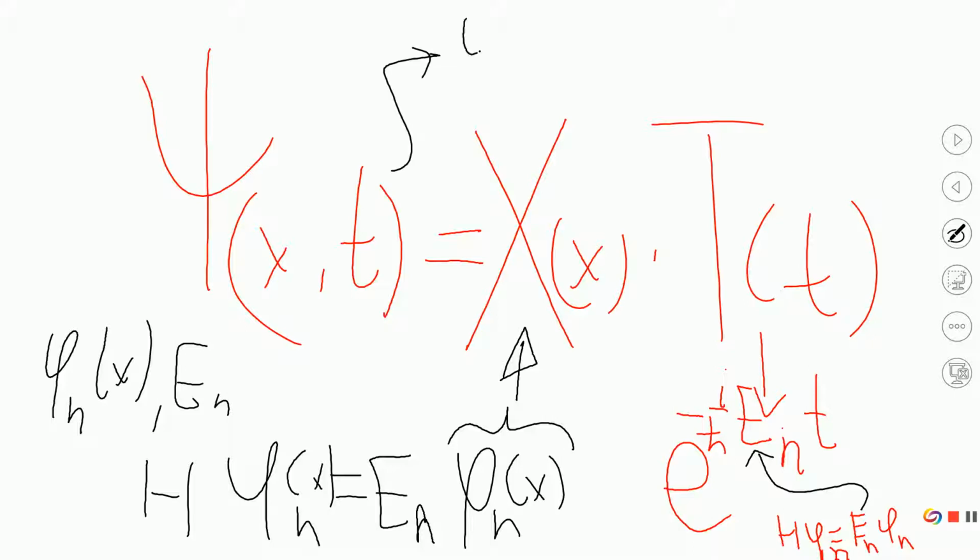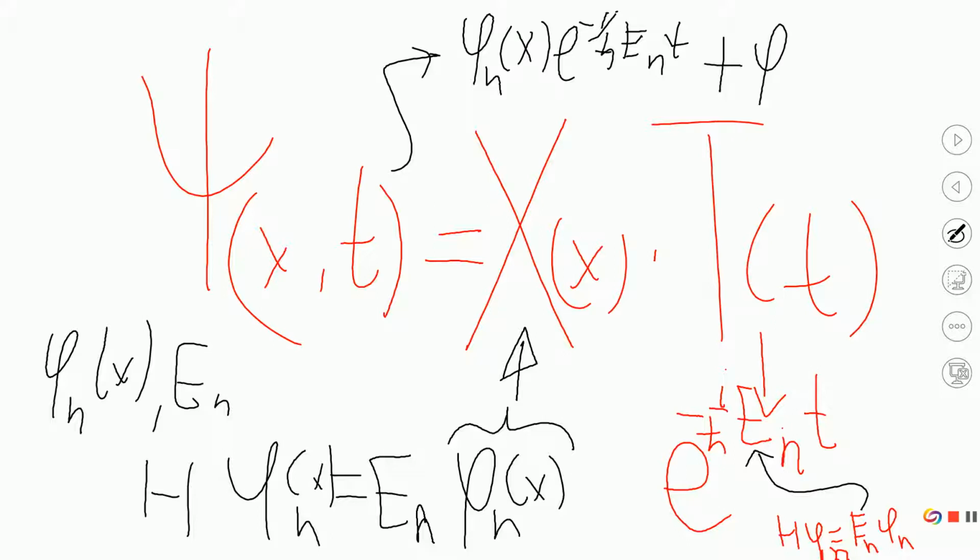So phi m of x times e to the power minus i E_m t over h-bar, plus phi with a different index, let's say phi n of x times e to the power minus i E_n t over h-bar.